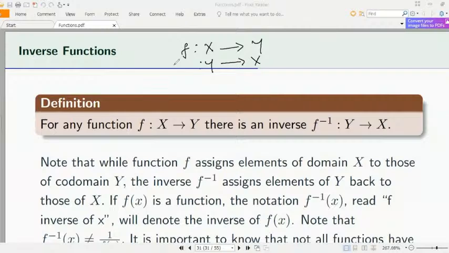We shall denote it as f inverse. And for any function, there is an inverse which assigns elements of y back to x.